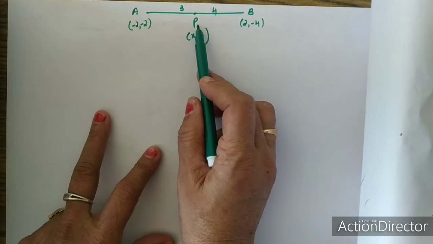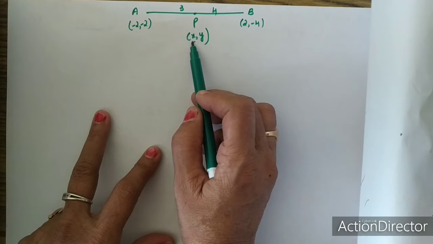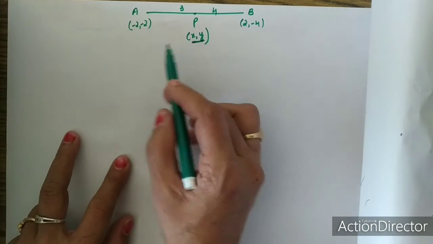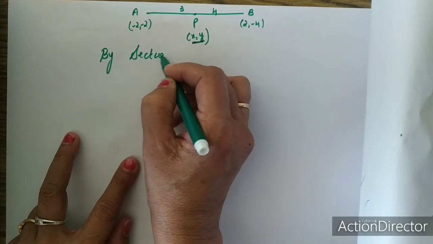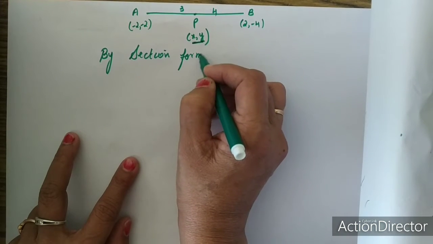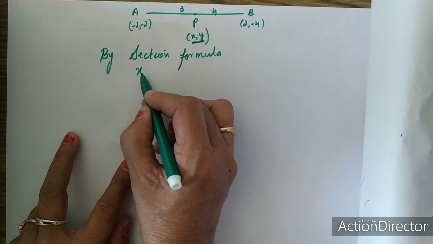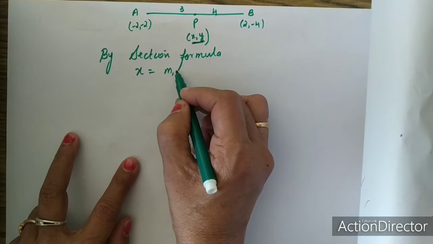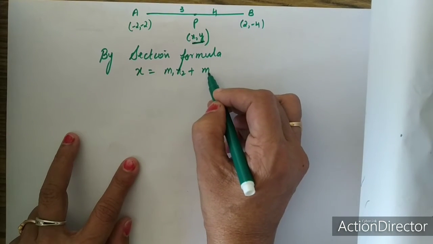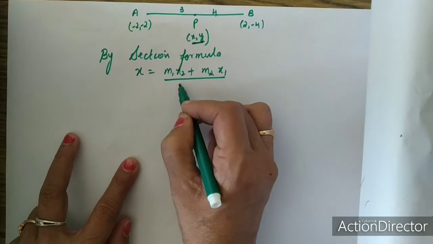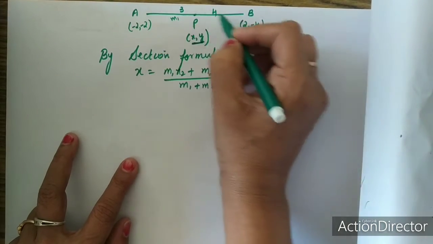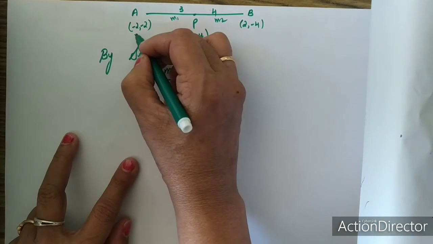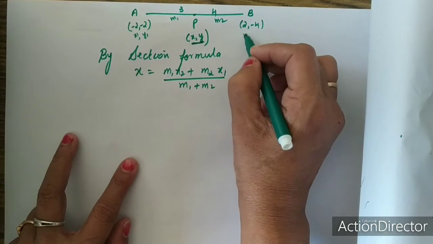Now I have to find the coordinates of the point P, that is x, y. So by section formula, you know x is equal to m1 into x2 plus m2 into x1 divided by m1 plus m2. So this is m1, this is m2, and this is x1 y1, and this is x2 y2.